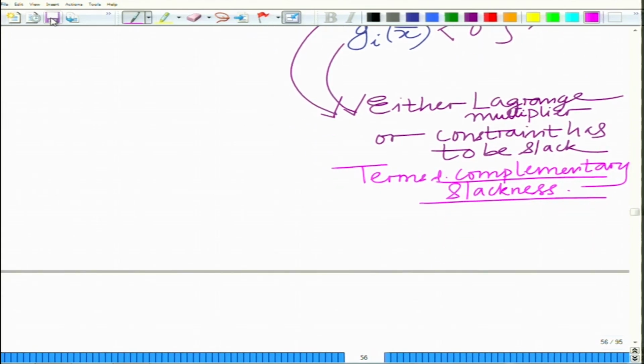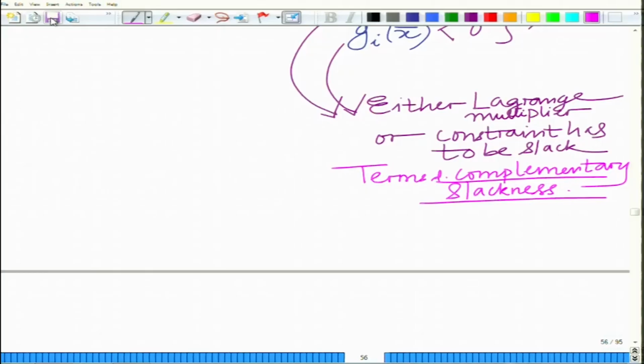It cannot happen that the Lagrange multiplier is strictly greater than 0 and the inequality constraint is strictly less than 0. It can happen only that one of them is slack, and the other is 0. So, the Lagrange multiplier is 0, the constraint is slack. As the constraint is 0, the Lagrange multiplier is slack, okay, and this is known as complementary slackness.